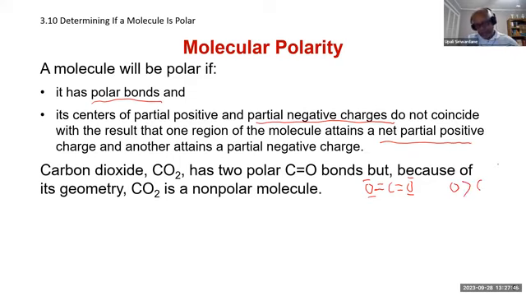Therefore, there's a dipole between negative and positive, with the negative end at oxygen. However, these dipoles are oriented opposite to each other equally, at 180 degrees, a linear arrangement. Therefore, they cancel out.